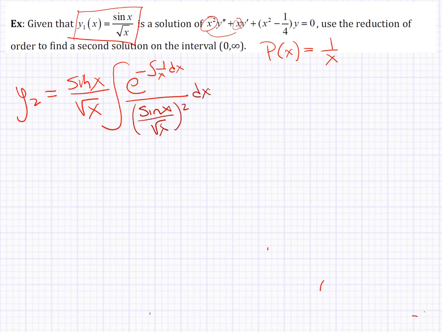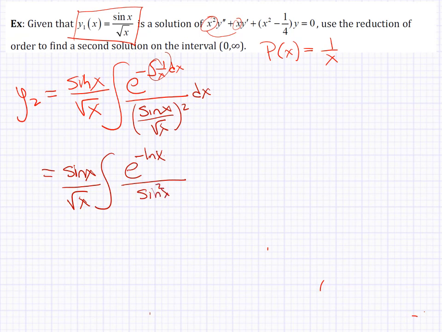Looks pretty rough, but take it one integral at a time. So here, this one is going to be your log. Okay. So we're going to get sine x over square root of x times the integral of e to the negative log, over, this will be sine squared over x, because if I square both of those, that's what's going to happen.